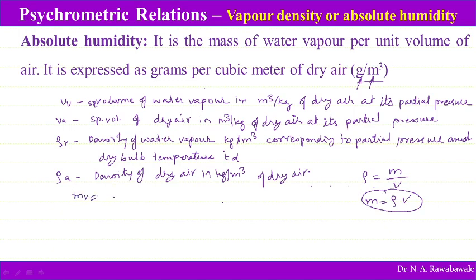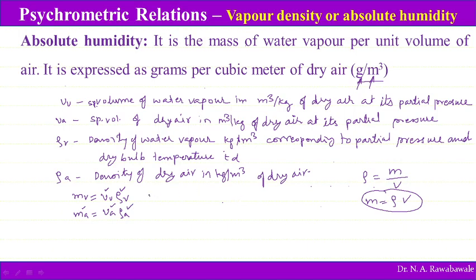Mv is equal to vv into rho v, where mv is mass of water vapor, vv is specific volume of water vapor, and rho v is density of water vapor. Then again applying it to dry air, ma is equal to va into rho a, where ma is mass of dry air, va is specific volume of dry air, and rho a is density of air.